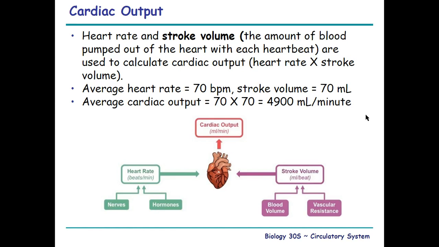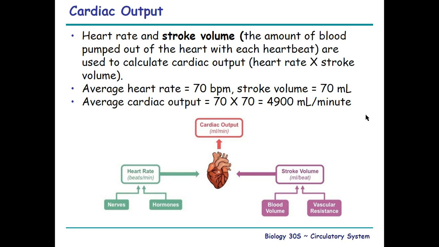Heart rate and stroke volume, the amount of blood pumped out of the heart with each heartbeat, are used to calculate cardiac output, which is heart rate times stroke volume. Average heart rate is about 70 beats per minute.